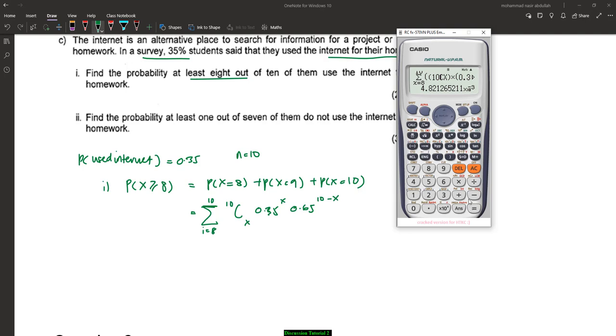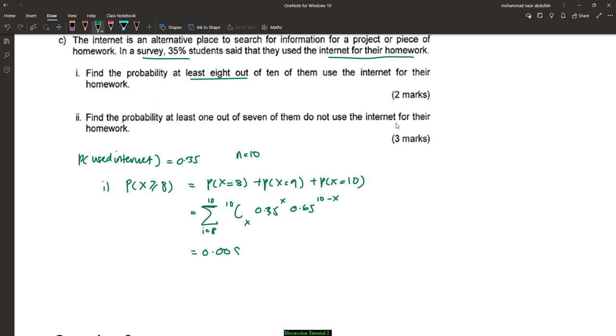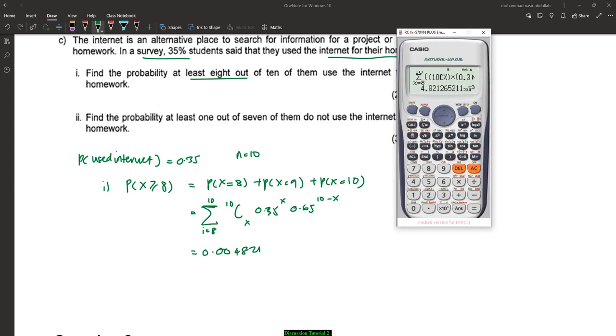So this one should be equal to 0.00, this is a 3, 0.008, 4821. Is it 4821? Yep.